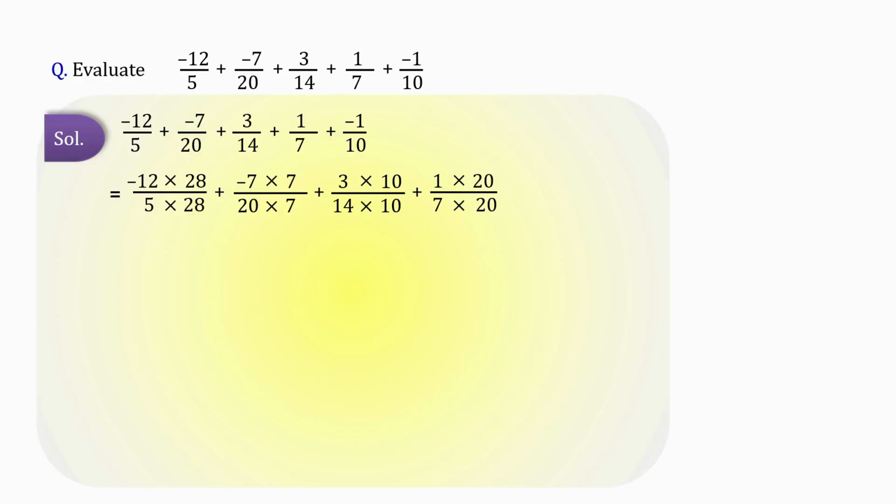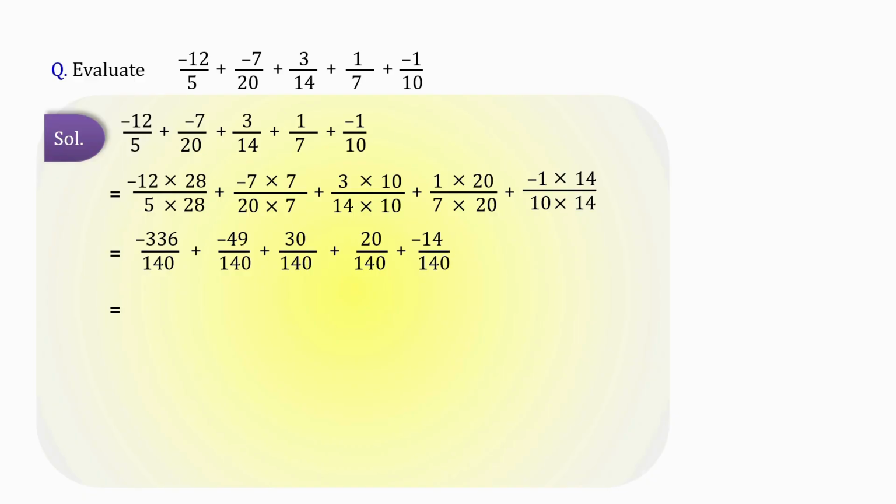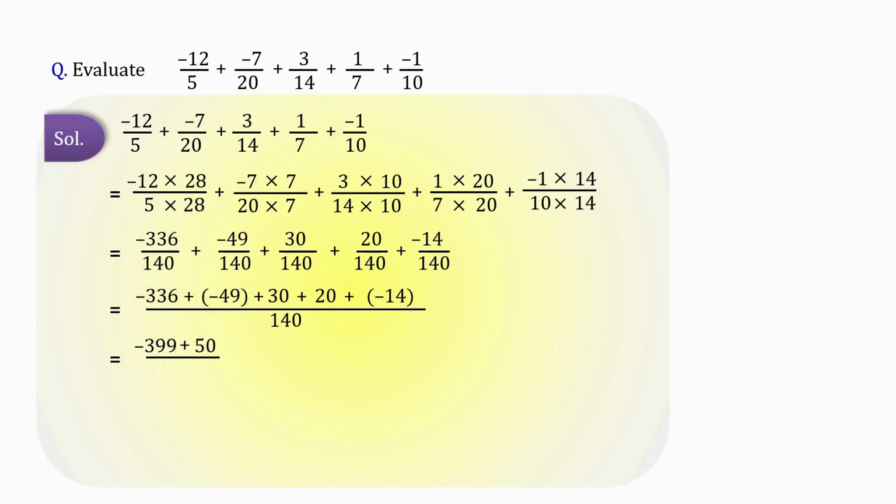So I'm showing you step by step. Hope each step is clear to you. Now we are simply multiplying the numerator, and now all the denominators are having same value. Now we need to add the negative numbers and all the positive numbers. So we got the final answer as minus 349 by 140.